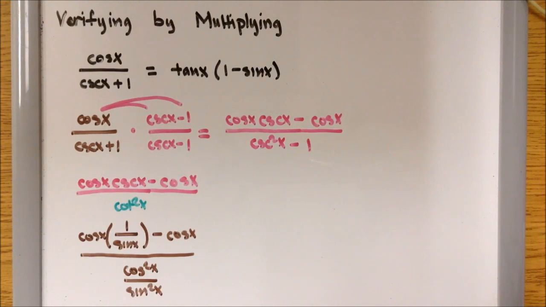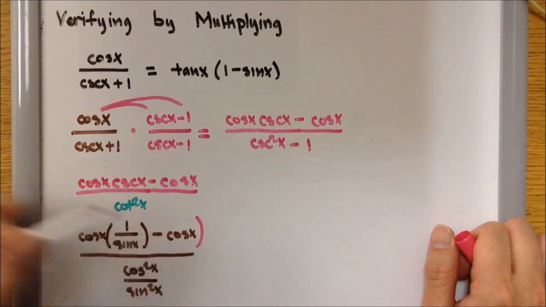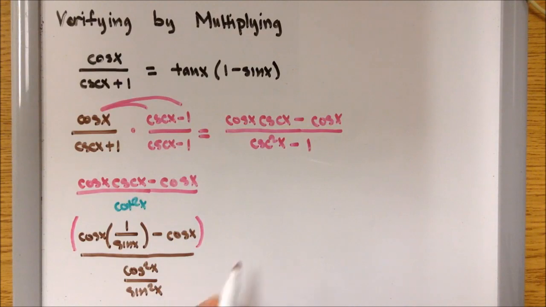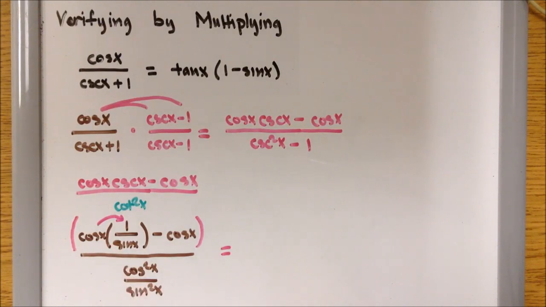Now what we're going to do, since the numerator is being divided by a fraction, we're going to rewrite it as a division of fractions. Since in the numerator we actually have multiple parts, part 1, part 2, that's why I put parentheses. At the same time, I'm going to multiply this cosine of x to 1 over sine of x.